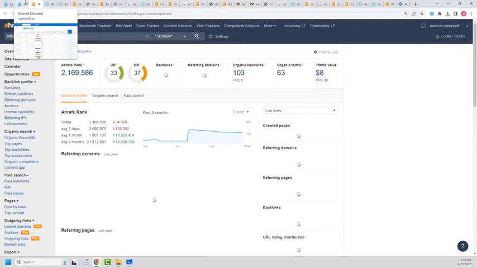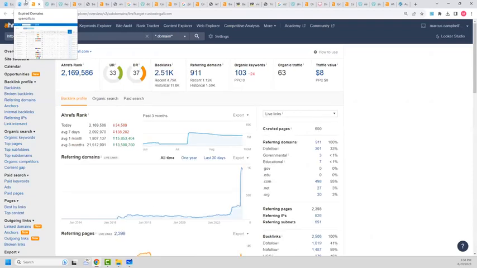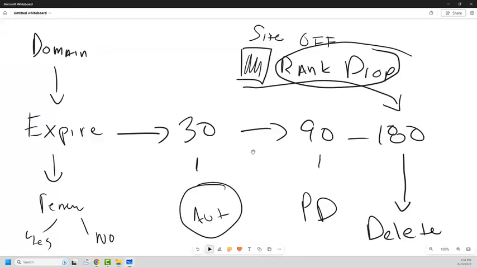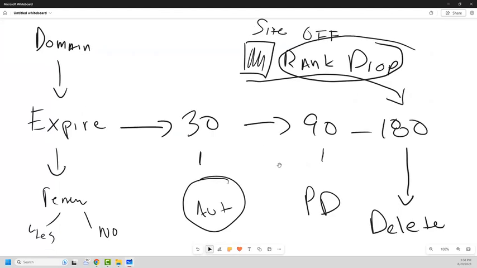At what point in the process will you not see index pages in Google under site? It's going to depend on the power of the domain.